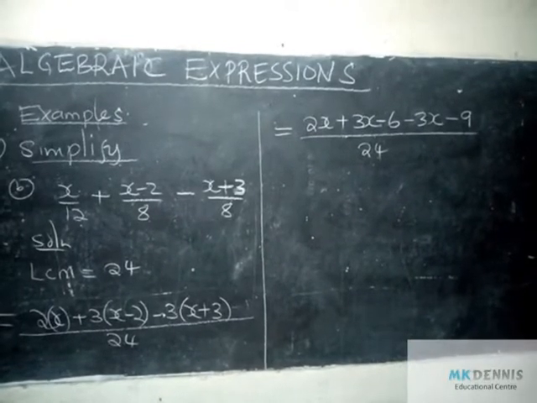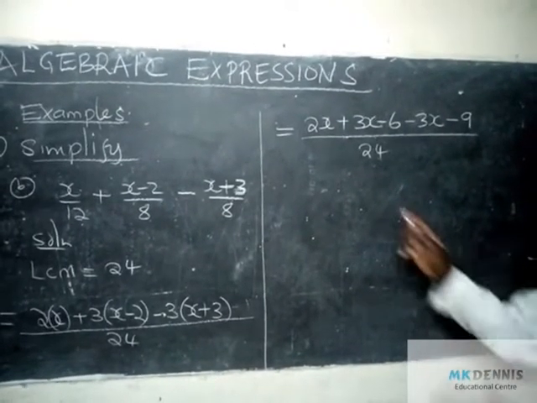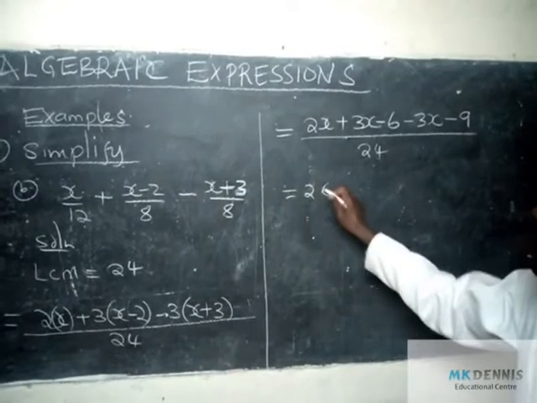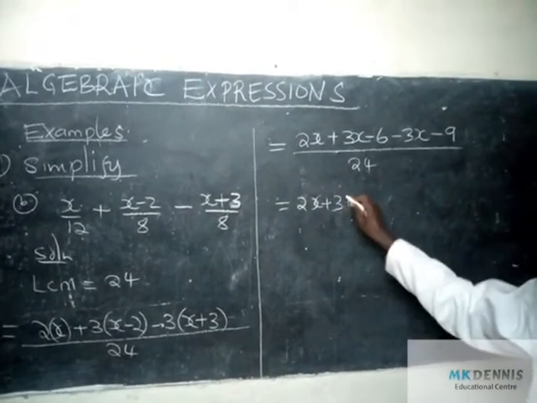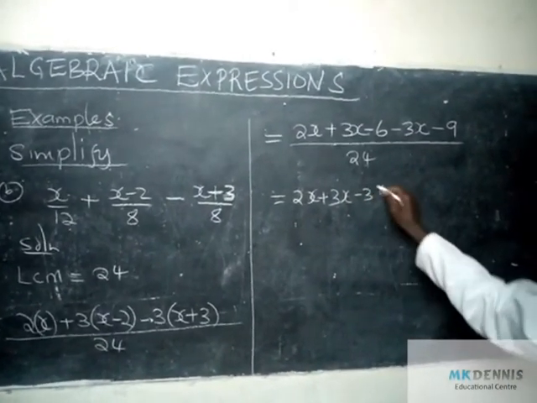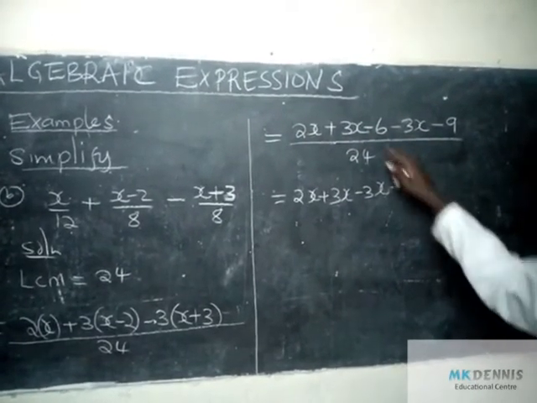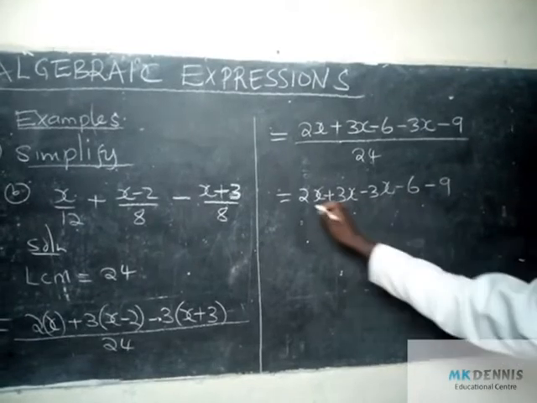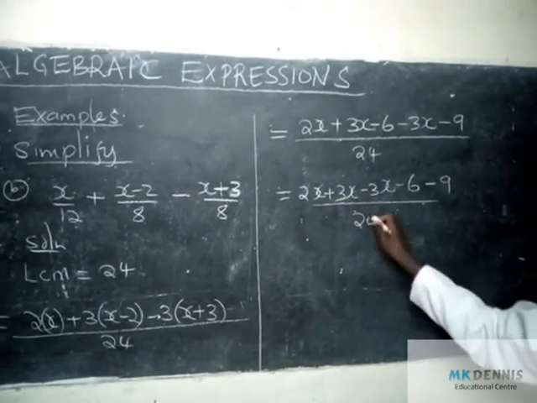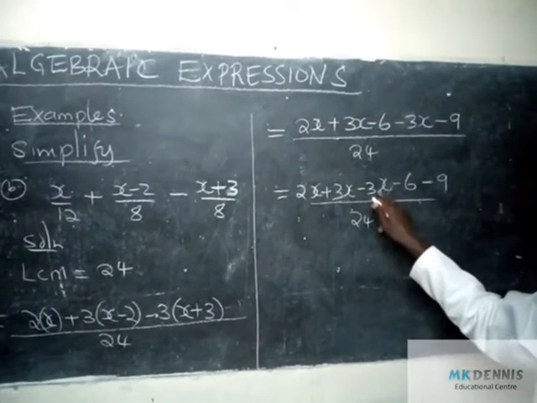Now we group the like terms together: 2x plus 3x minus 3x, and we have minus 6 and minus 9, all over 24. So 3x minus 3x is done.